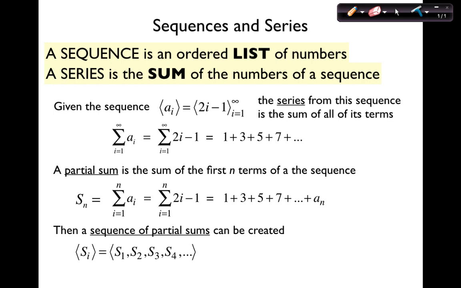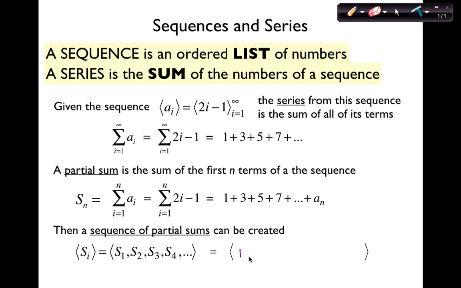So for this A sequence, 2i minus 1, make the actual list of the sequence of partial sums. See if you can do it. What is S1? What is S2? What is S3? What is S4? And then just make a list out of that. Meaning, take the first term and add up the first terms of the sum.